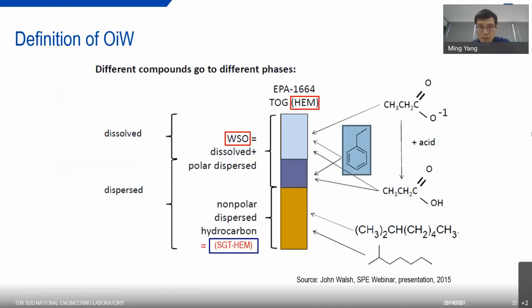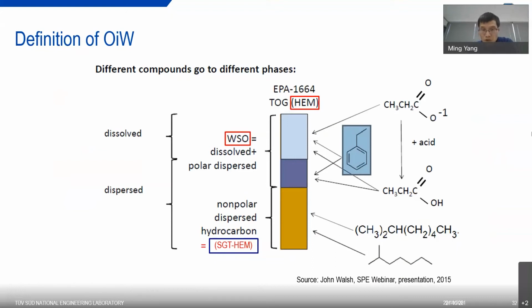It contains two parts. The first part is the water-soluble organics, and the second part is the silica gel treated hexane extractable material. As I said, silica gel treated hexane extractable material is the total hydrocarbons, the branched and straight chain aliphatics, and this part is in the dispersed oil, and they are non-polar.